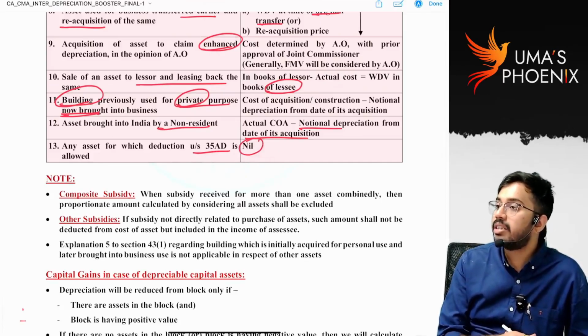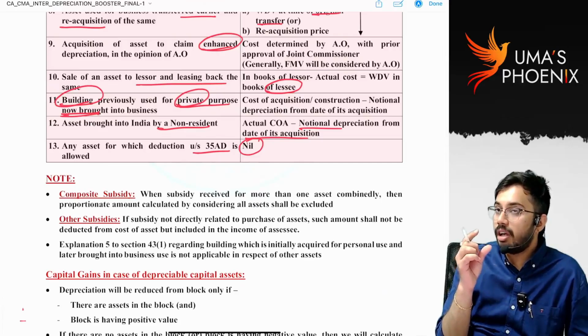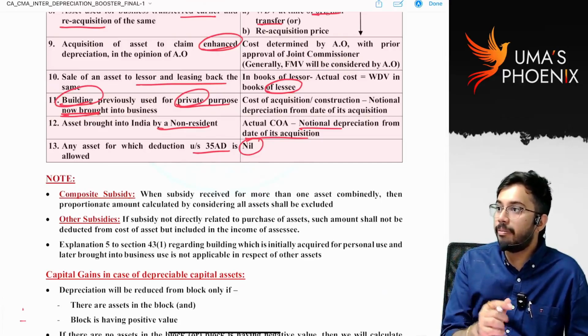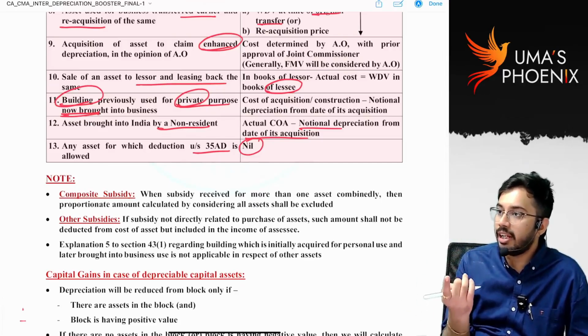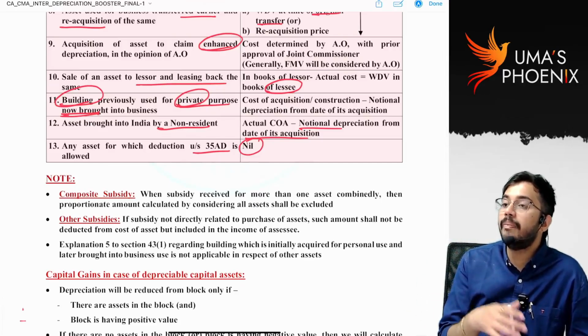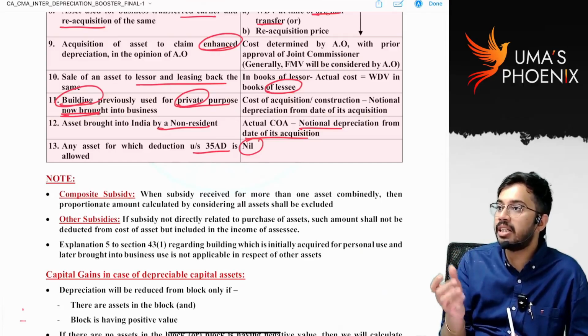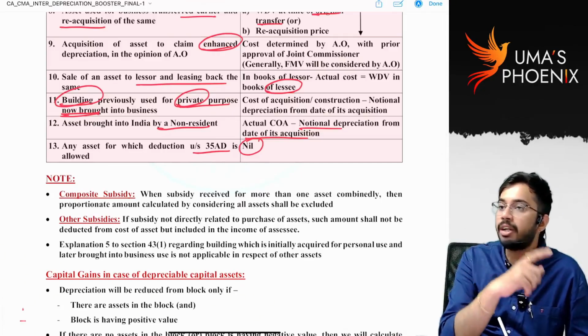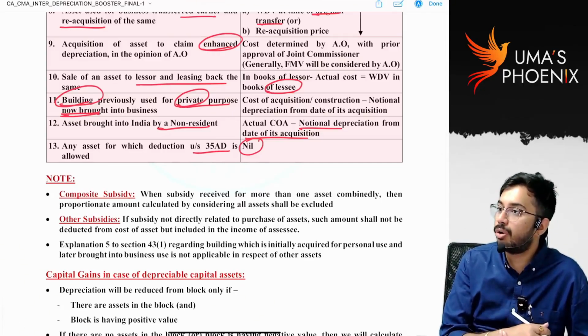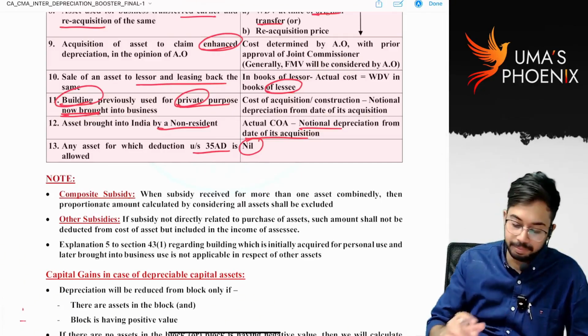Is it clear? See, if the asset is transferred from specified business to non-specified business after 8 years, in such a case, in non-specified business, that asset is required to be added to the block. At what price will it be added to the block? It will be added at 0 rupees. Are you able to understand?